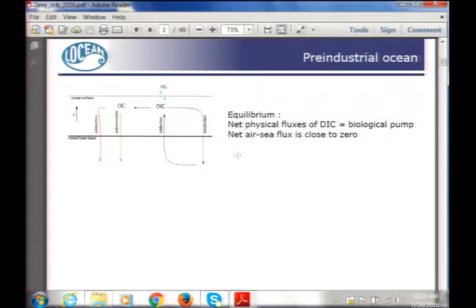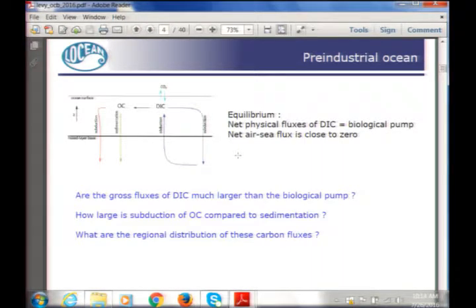But the question is, how big are these gross fluxes, the input and the output, compared to these two fluxes? This is something we know much less about. How are the gross fluxes of DIC? Are they much larger than the biological pump, or are they not? Something else we don't really know is how large is the subduction of organic carbon, this red curve, compared to the sedimentation of organic carbon out of the ocean.